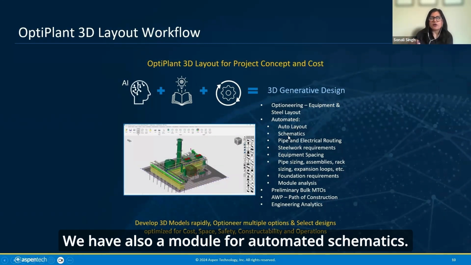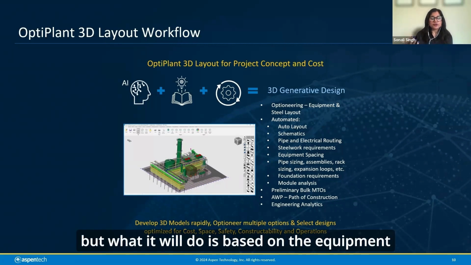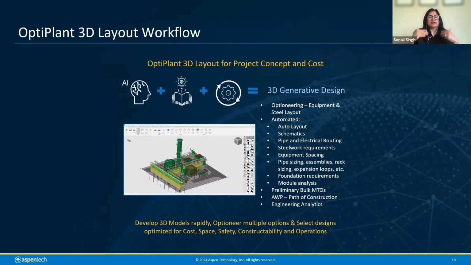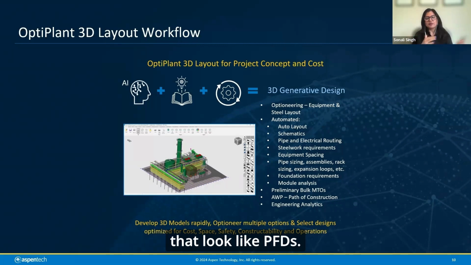We have also a module for automated schematics. So I don't want to call it a PFD or a P&ID, but what it will do, based on the equipment and the pipe in the model, is help you generate some high-level schematics that look like PFDs.